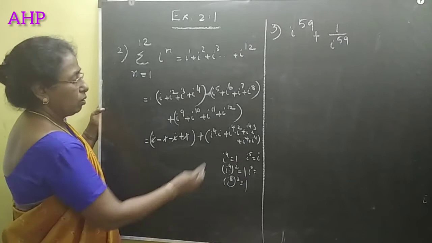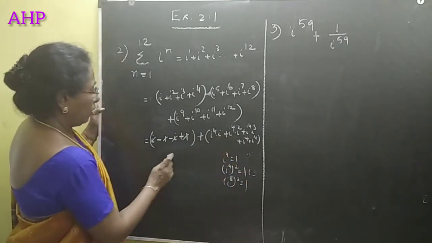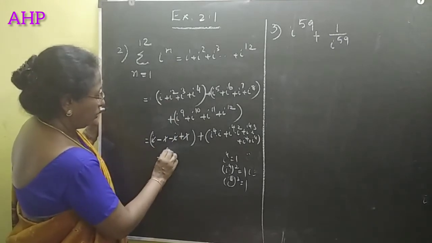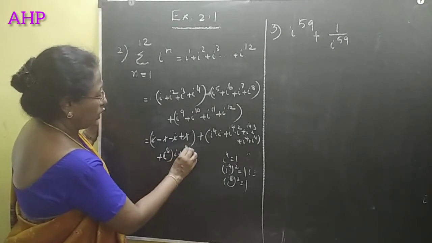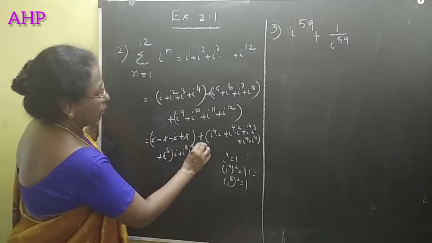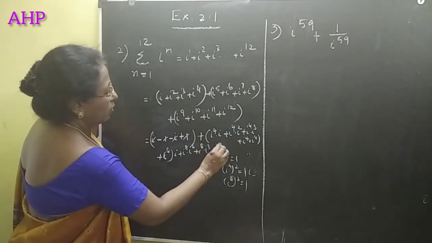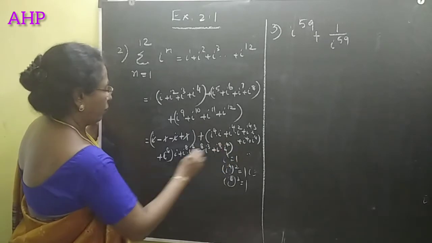So it goes on. So when you replace these values here, this one can be written as i power 8 into i plus i power 8 into i square plus i power 8 into i cube plus i power 8 into i power 4.